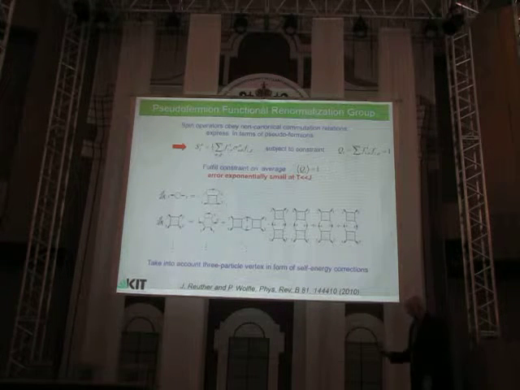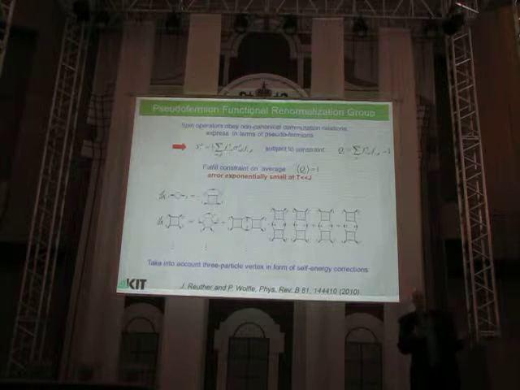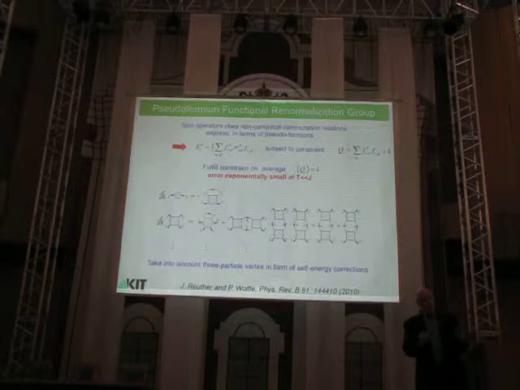Of course, I cannot go into detail, I just want to show you roughly how this works. The functional renormalization group method has been invented in particle physics, of course, about 25 years ago. And it works in such a way that you generate renormalization group equations for all one-particle irreducible vertex functions, infinitely many.